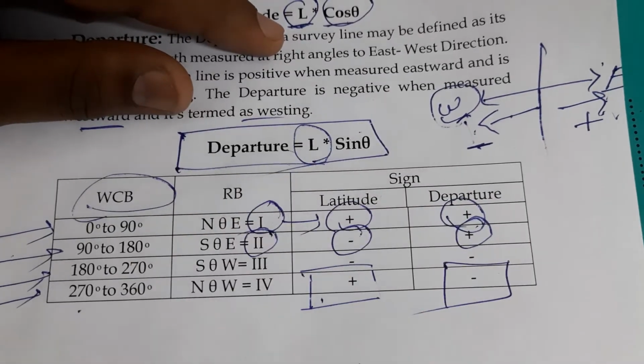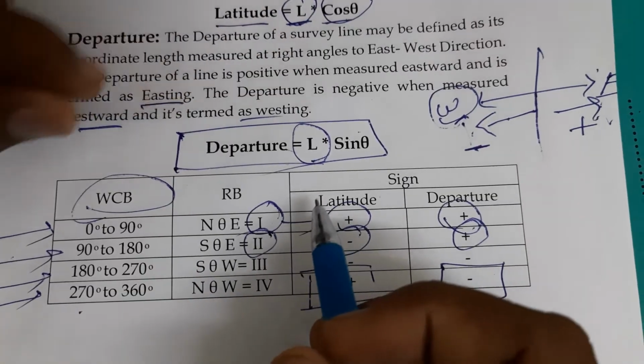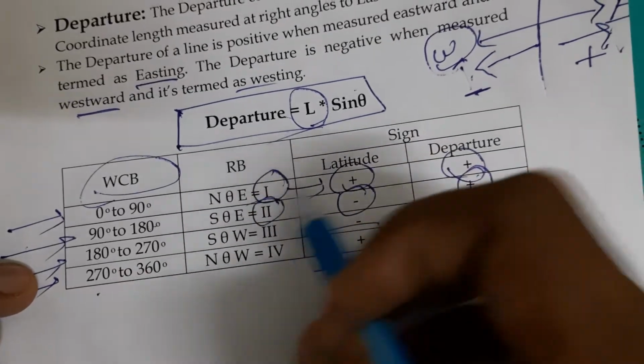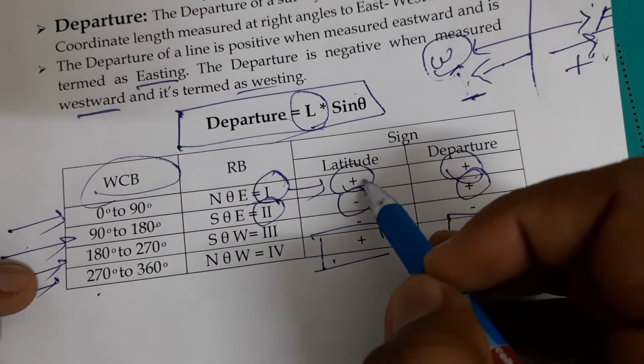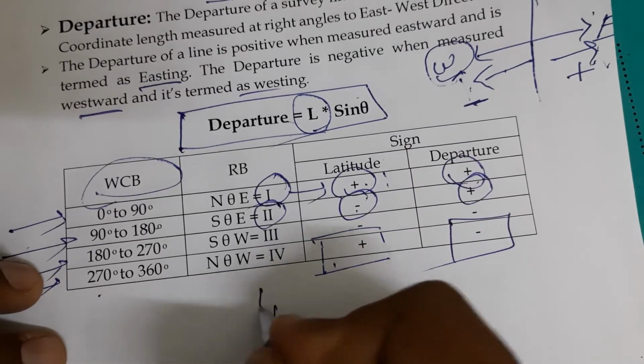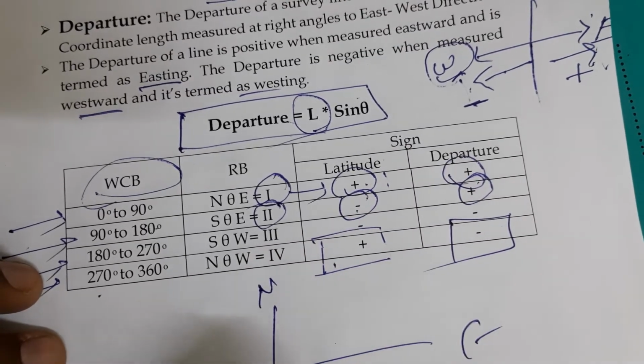Latitude and departure. If it is in the north, then it is positive. Here there are north, south, east and west.